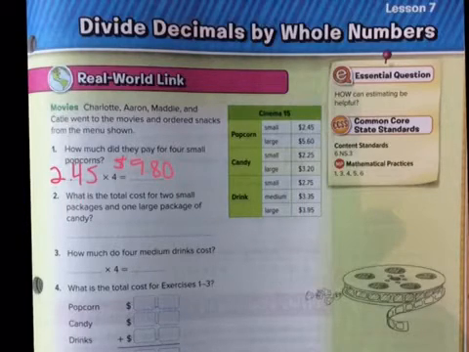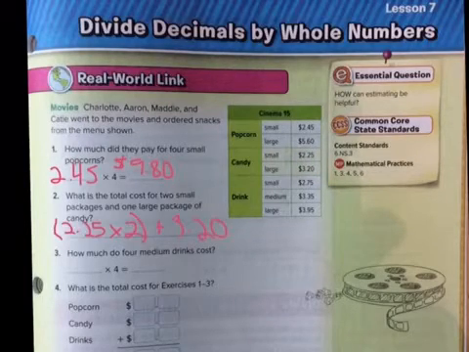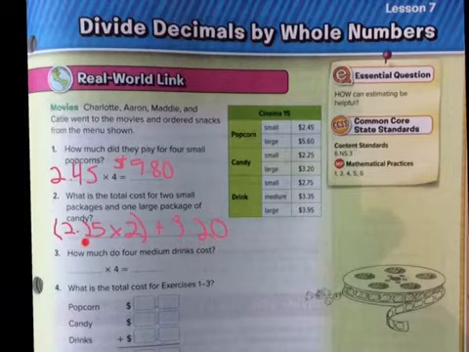Okay, what is the total cost for 2 small packages and 1 large package of candy? 2 small packages. So we look at candy, 2 small. Okay, so $2.25 each, and 1 large package of candy. So 2 of these and 1 of these. So what I've done here is I wrote 2 small packages, $2.25, right?